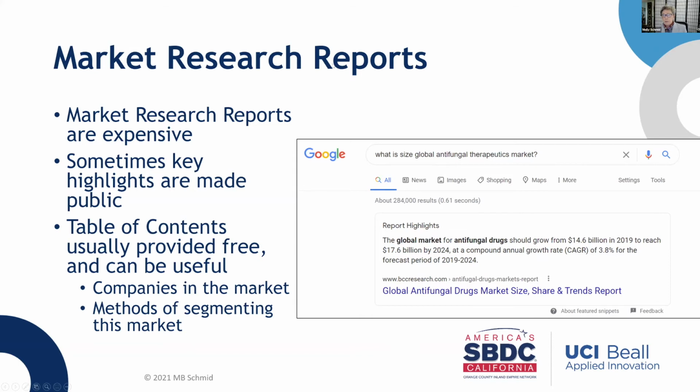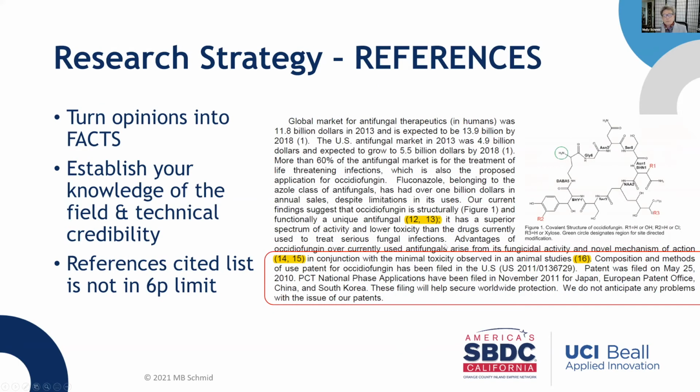Secondly, as we keep going in the research strategy section, there are references everywhere in this report. And references really turn your opinions into facts. All right. So they say here, our current findings suggest that oxidiofungin is structurally and functionally a unique antifungal. Right.